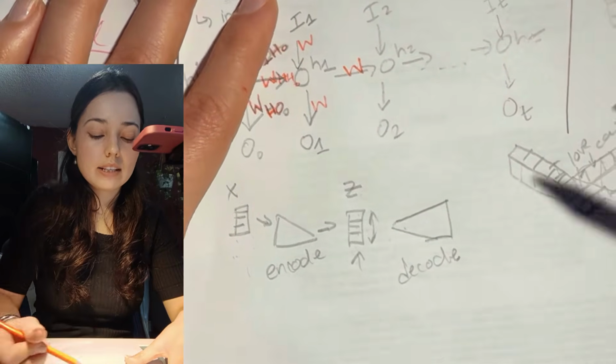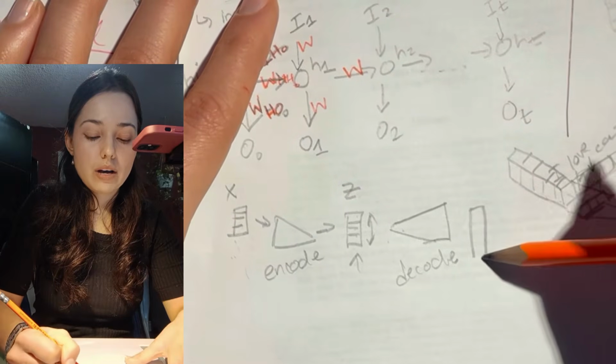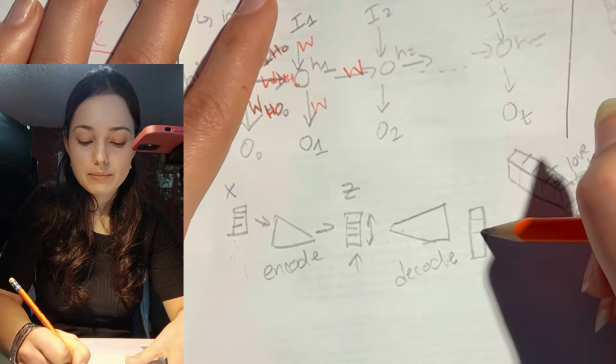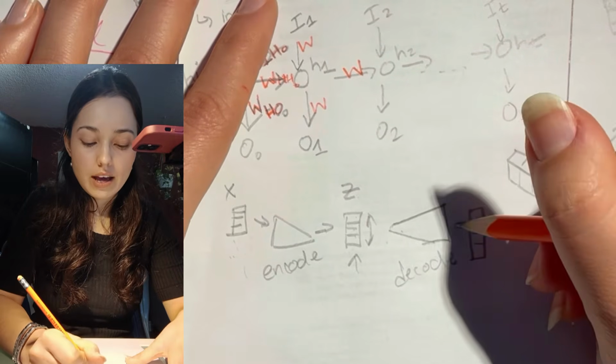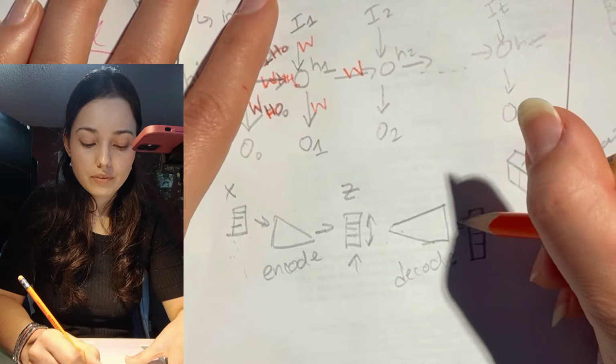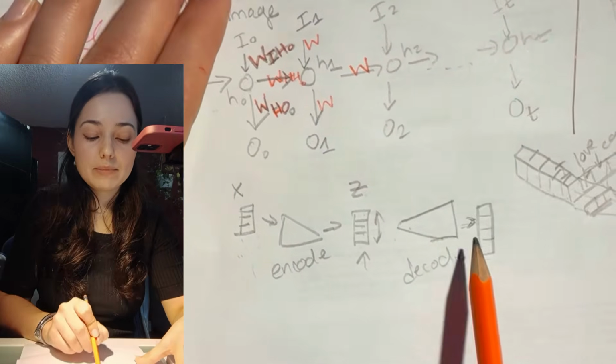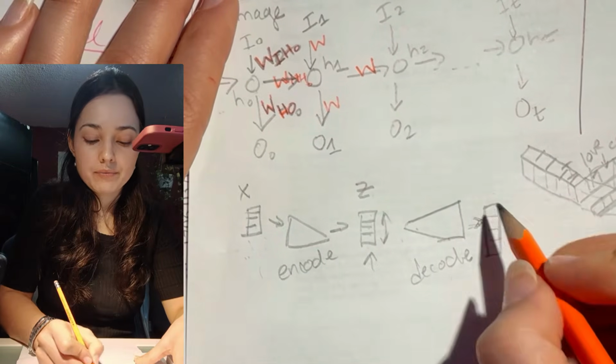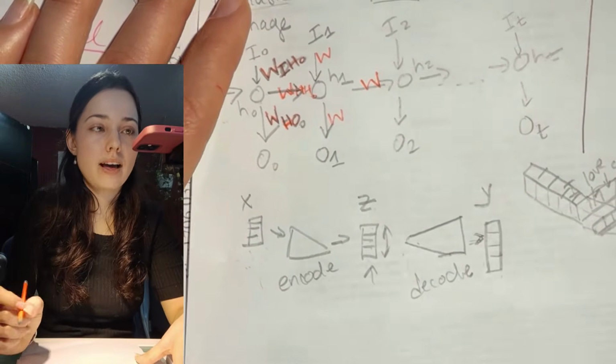What the decoder does is it learns to take in this input latent space, process it, and produce an output that's also in the same space as the input. So in this case, it would be back to a word, and we're going to call that Y, which is the output.